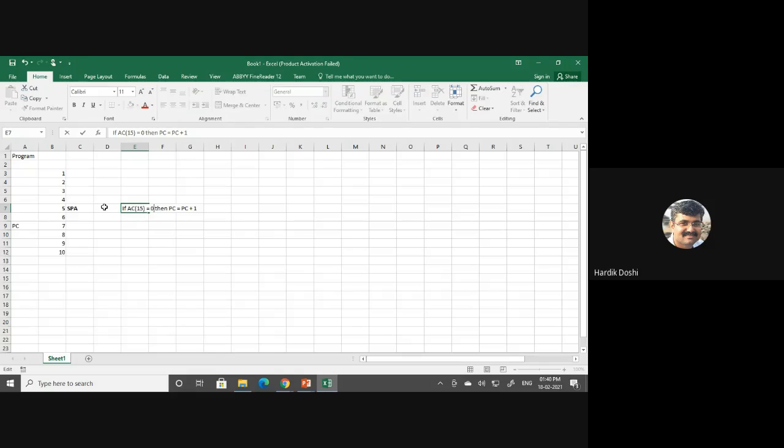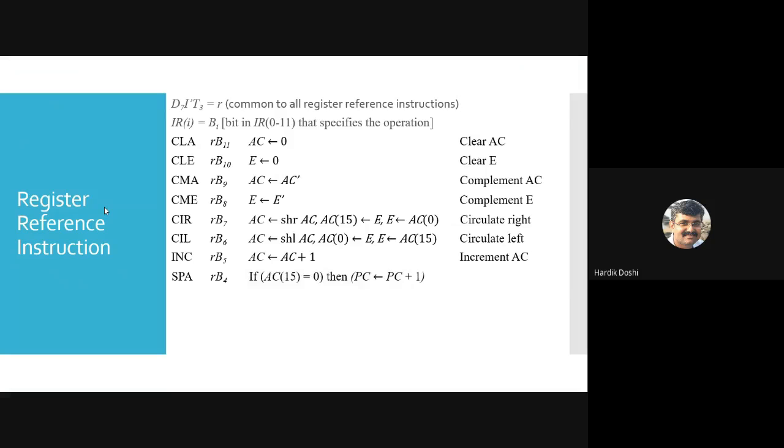But if AC's 15th bit is 1, then the number is negative. Are you getting my point? If it is 0, then positive. If it is 1, then negative. Over here, if AC's 15th bit is 0, then we need to skip the next instruction. Just check it out. Is it fine, everyone?